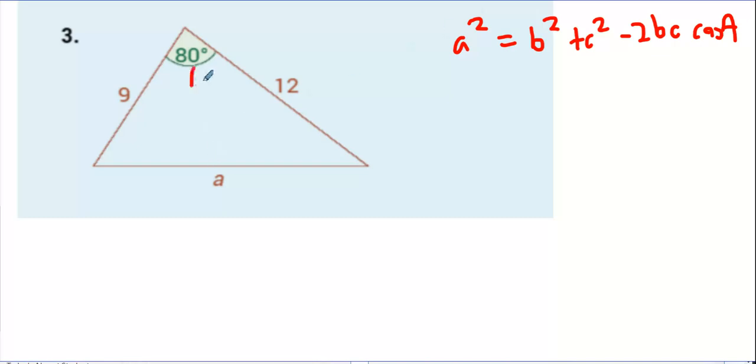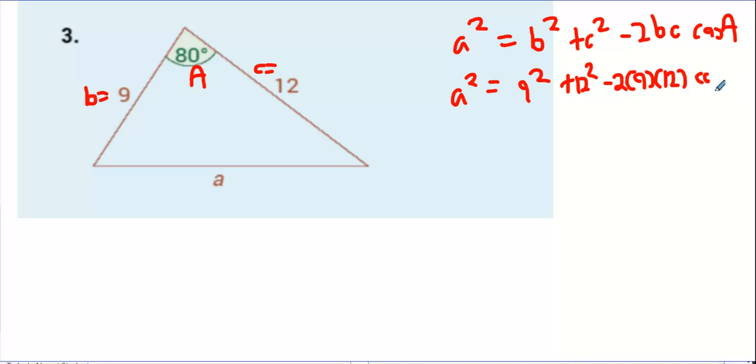Interchangeable. So that's capital A. You call that B and that one C. And these are very handy. They're easier than the sine rule, actually. This part is. Next part, not so much. And cos 80. And this will give you the length a.